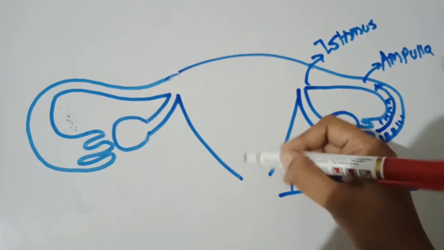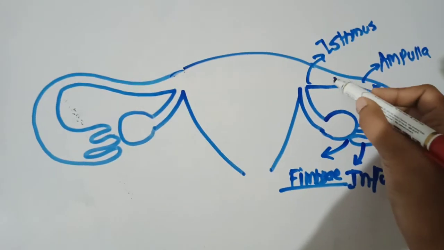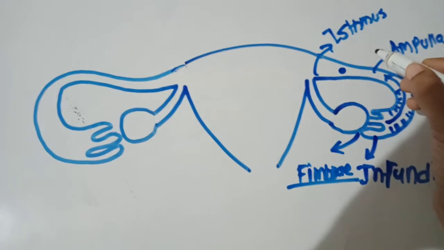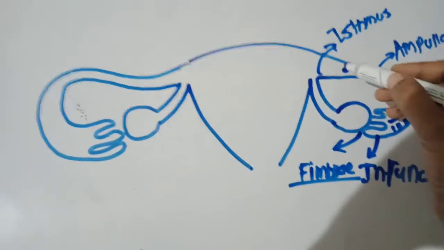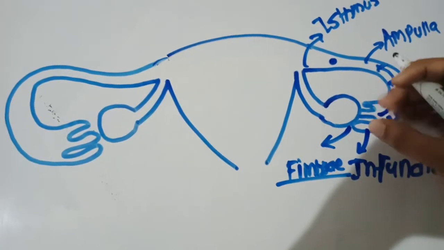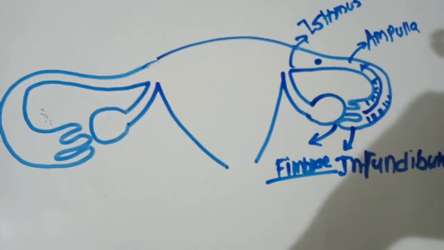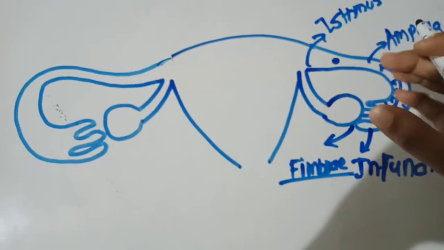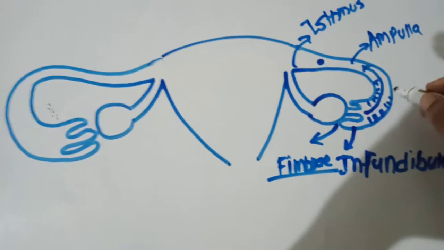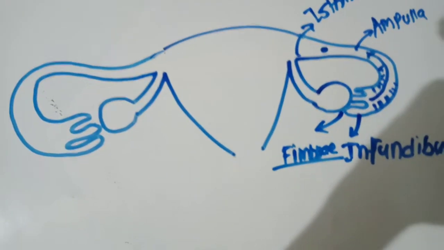The sperm comes like this and goes to the ampulla, and the ampulla is the site where fertilization takes place between sperm and egg. To propel the egg towards the ampulla, there are the ciliary movements of the cilia, and also contractile peristaltic movements of the fallopian tube, so that fertilization can take place.